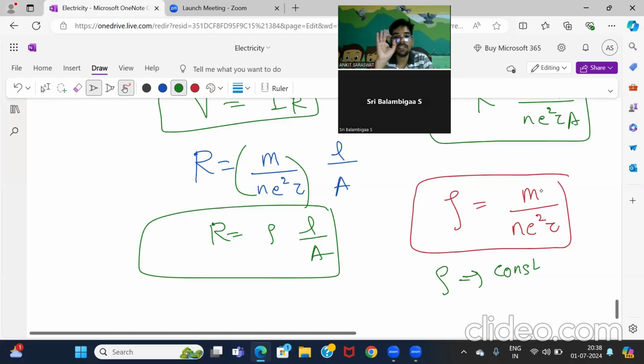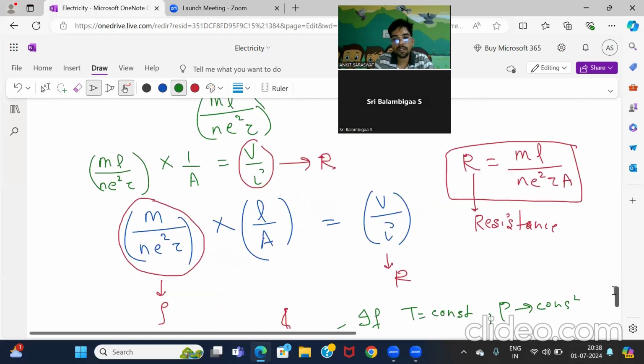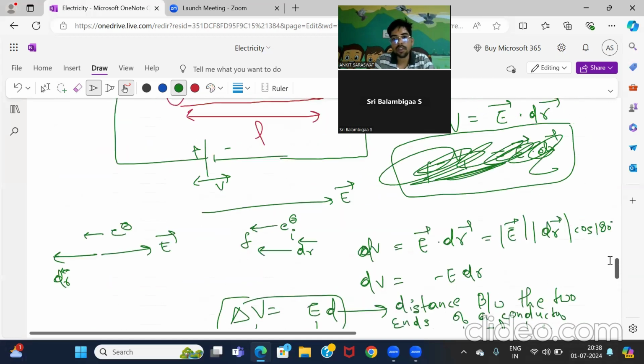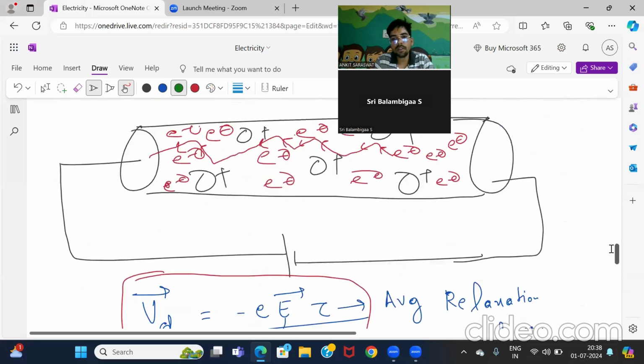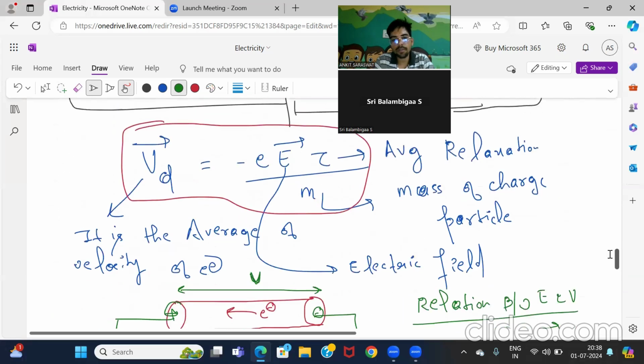Clear? Is it clear or not? Yes. So Sir, can you explain resistivity? Which one? Resistivity. So resistivity means what? Wait.